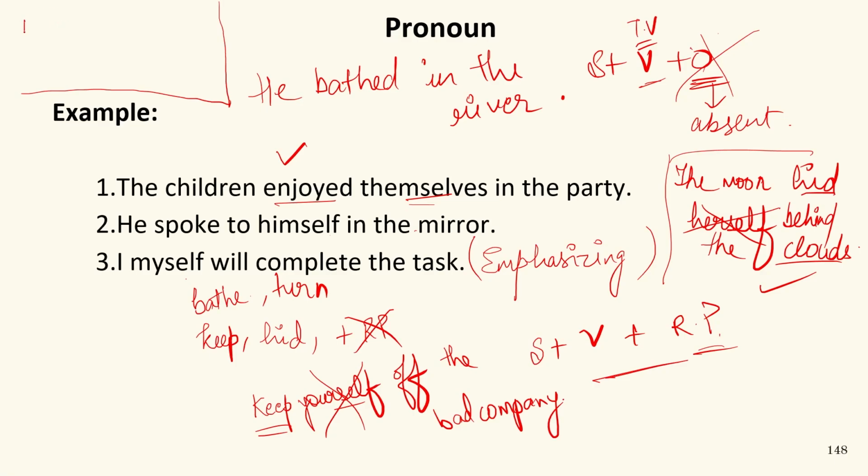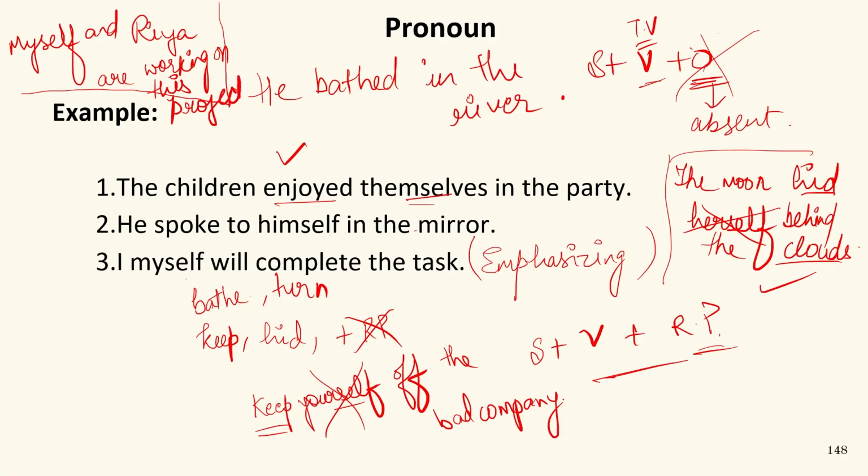For example, if I say myself and Ria are working on this project, this sentence is incorrect because we cannot use myself as a subject.